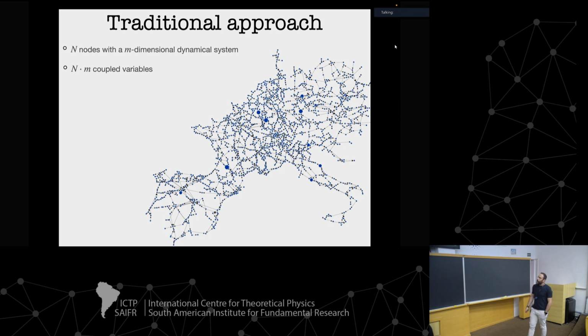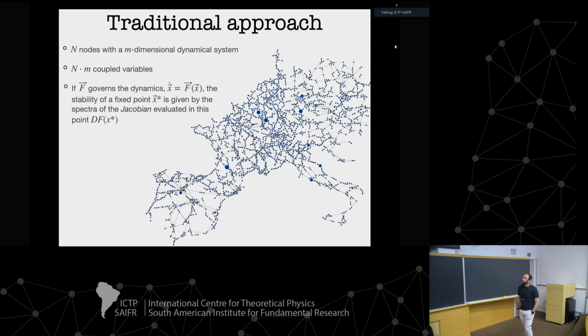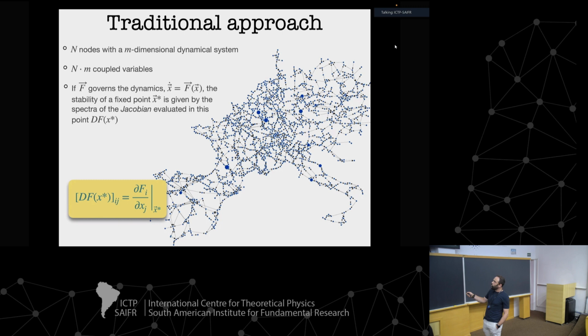So we have a total of n times m coupled variables, and if some n times m dimensional function governs the dynamics of the system, then the stability of a fixed point, which can be the synchronized solution, is given by the spectrum of the Jacobian matrix, okay? The Jacobian matrix is just the matrix of the derivatives of each component of the function f that governs the dynamics with respect to each variable.